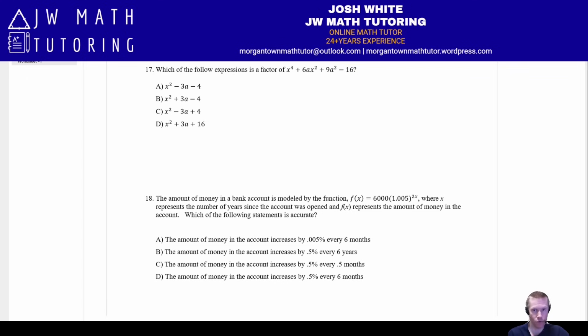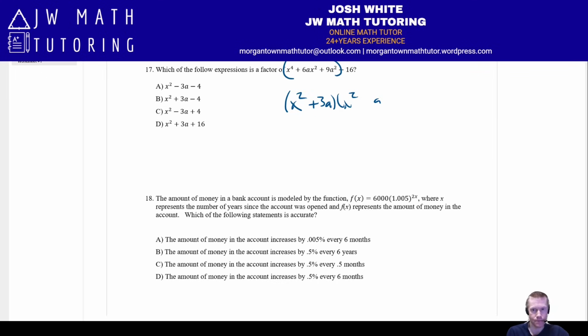and then after that, you typically end up factoring as a sum or difference of squares. So in this case, what's going to happen is we're actually going to group the first three, and this is going to factor as a perfect square trinomial. It's going to be x squared plus 3a times x squared plus 3a. And you can just multiply this out to confirm, x squared times x squared is x to the fourth. 3a x squared plus 3a x squared is just 6a x squared, and then the last 3a times 3a, 9a squared.